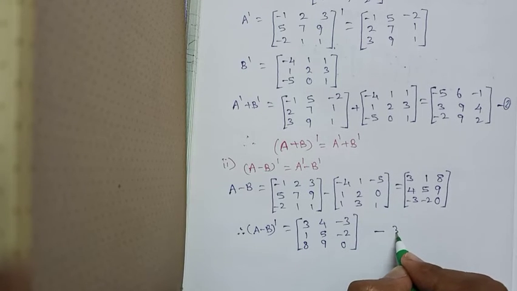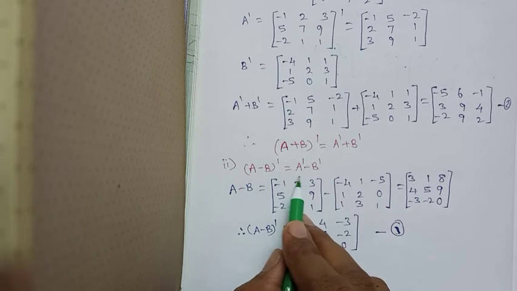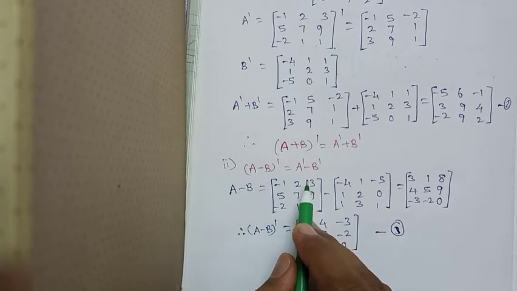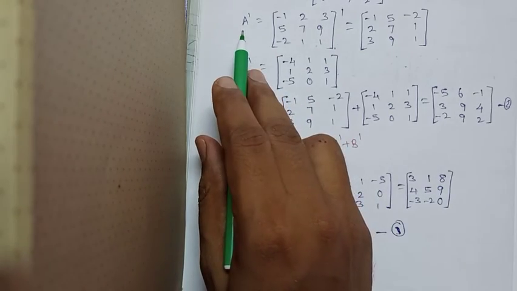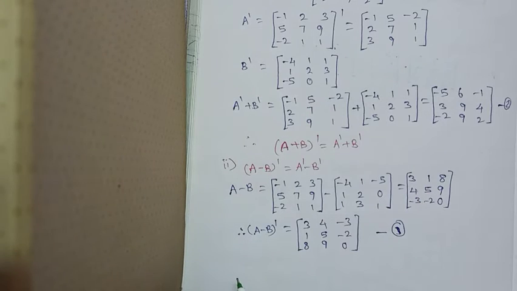considering equation 1. Next, on the right hand side you have A transpose minus B transpose. Already in the first subdivision you found A transpose and B transpose. So I directly write down the values.